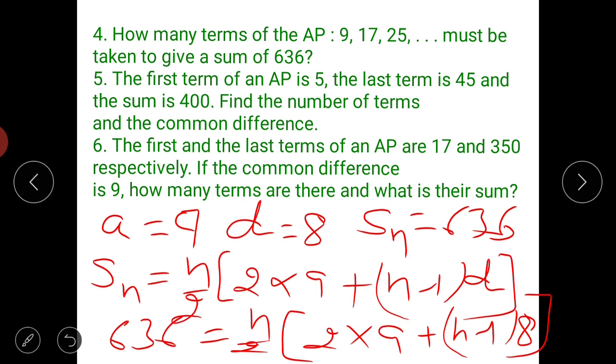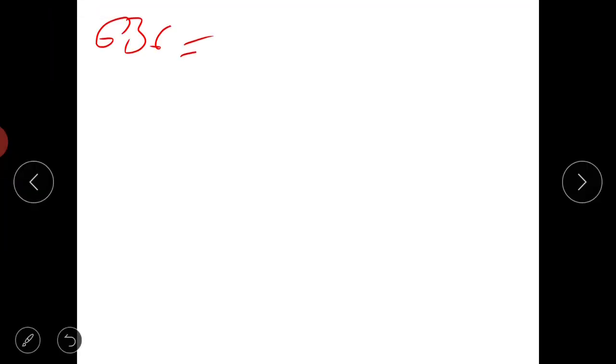The 2 cancels out from here, and 4 is left here. So we got that 636 is equal to n into 9 plus n minus 1 multiplied by 4, 4n minus 4.